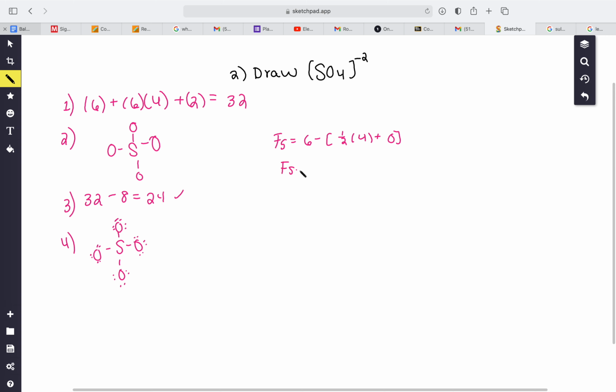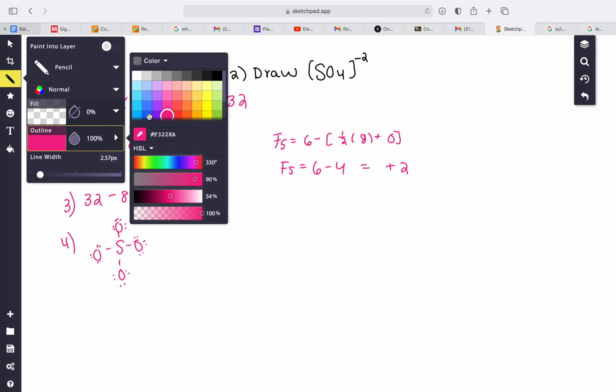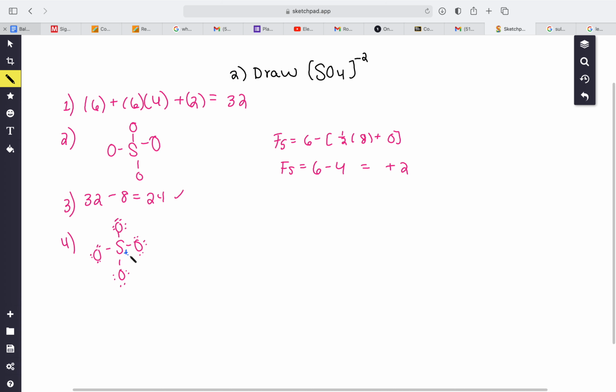Oh, sorry, it's not 4 bonding, it's going to be 8. 8 bonding, so we're going to get 6 minus 4, which is plus 2. So this formal charge in here is going to be plus 2.